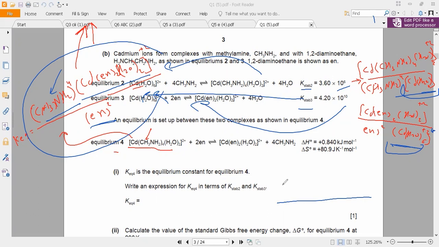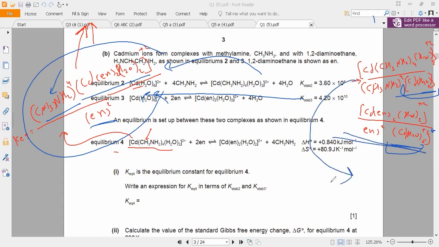Let's see. If I divide 3 by 2, this one will be on the top, and this one comes to the bottom. En by 2, H2O, this one will come to the bottom. Let me draw them with the black.